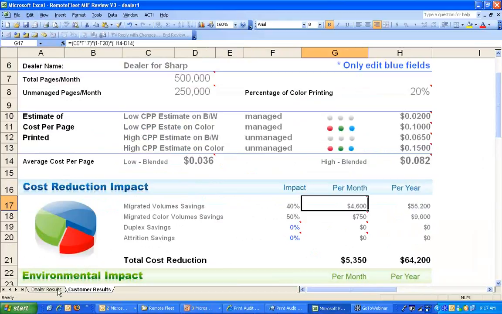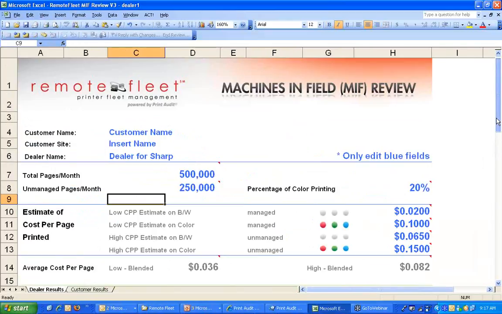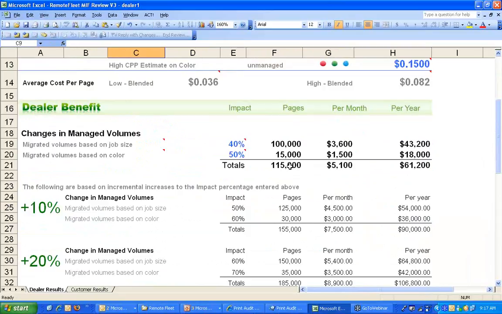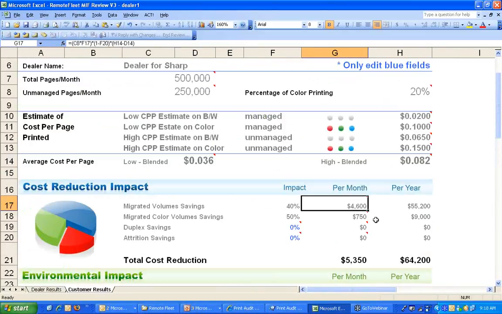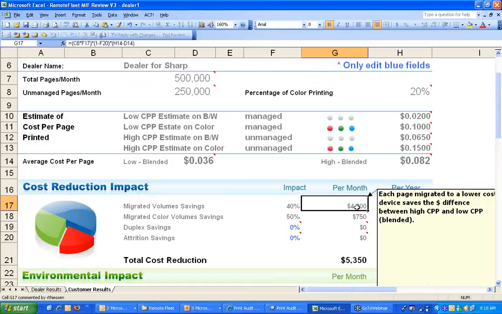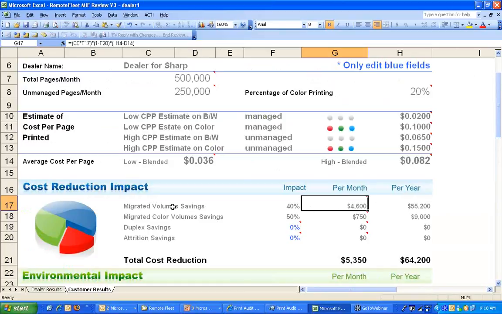And remember, that migration strategy added 115,000 pages to your volumes each month with an additional income of $5,100. So this customer is also benefiting from that strategy to the tune of $4,600 a month based on just the migration on page size, as well as an additional $750 a month based on the migration on color.